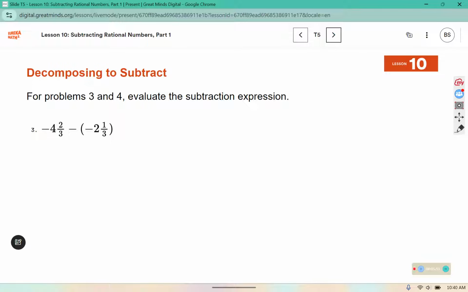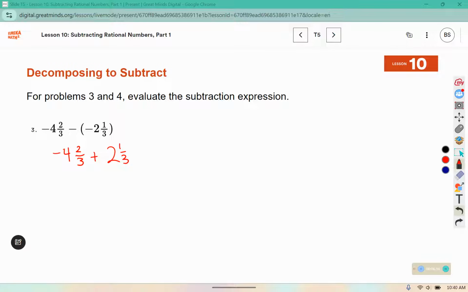For problems 3 and 4, evaluate the subtraction expression. I am going to begin by changing this to an addition expression. Leave, change subtraction to addition, and change this value to its opposite. Now using decomposition, we're going to split it up.